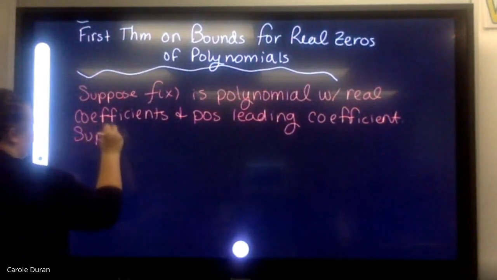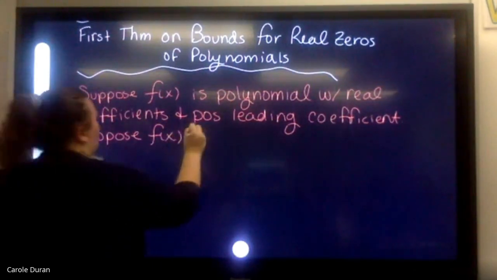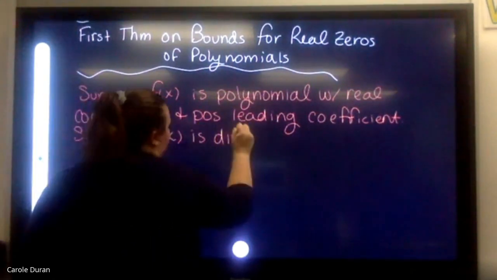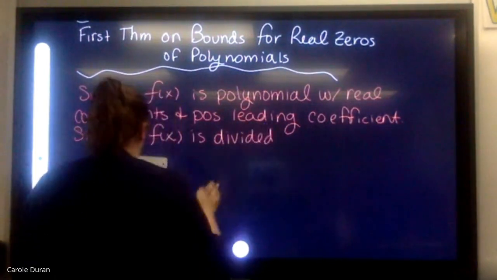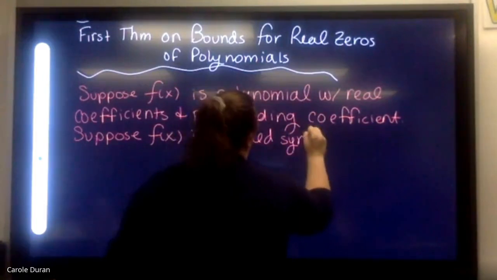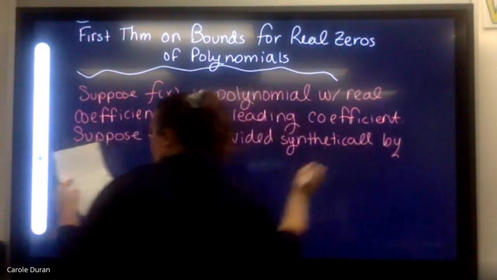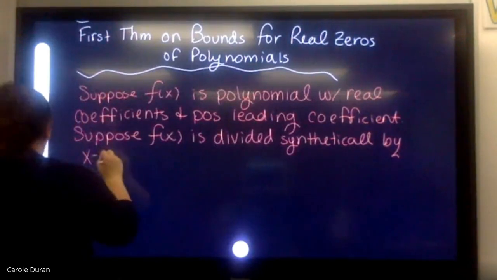Also suppose that this polynomial f of x is divided synthetically. This is where synthetic division comes in. I guess you could do it with long division too, it just goes so much faster. By some factor x minus c.